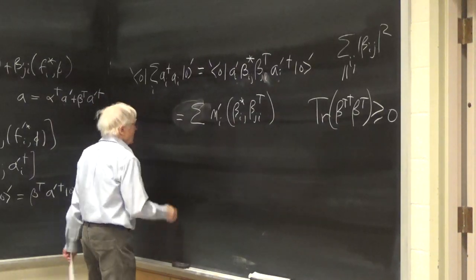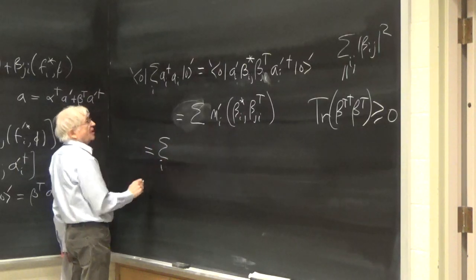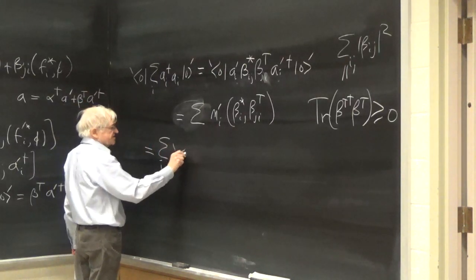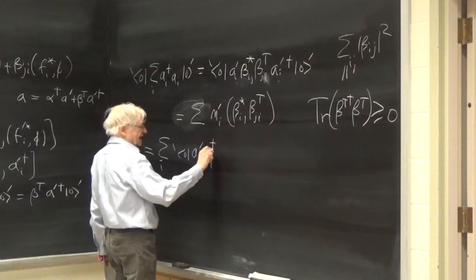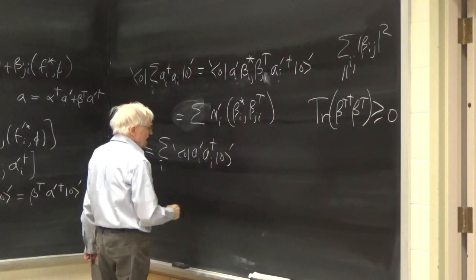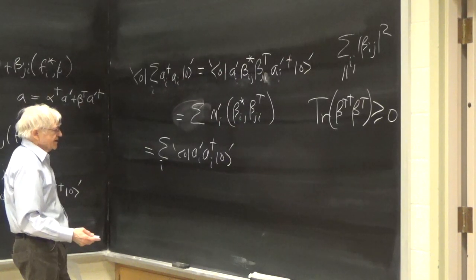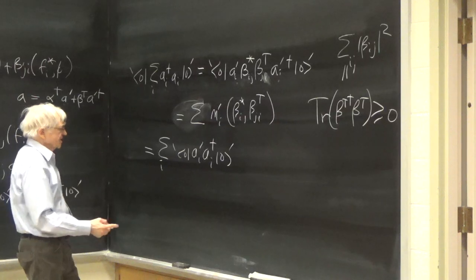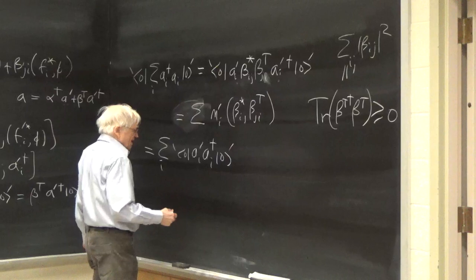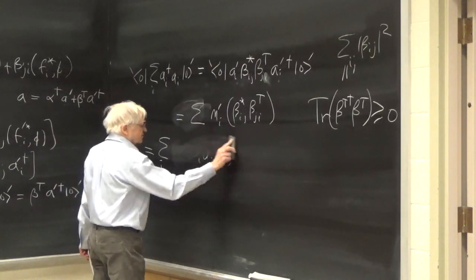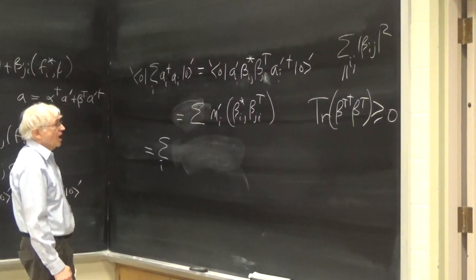Equivalently, maybe I should rewrite this in a different way. This is a sum over modes, 0, a_i prime, a prime dagger, 0 prime. Normally we'd be quantizing with discrete modes, so this is just 1. So let me just say that that's 1.